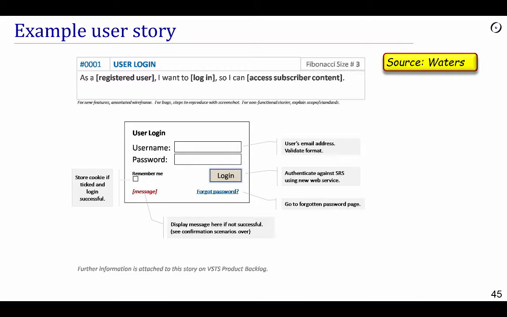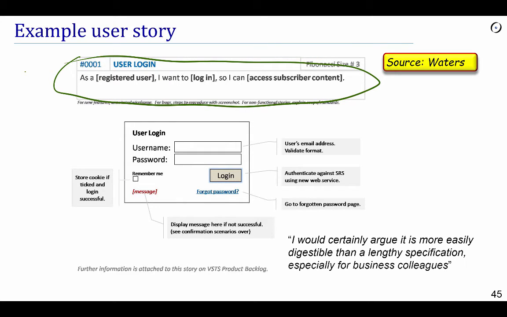Here's another example of user story that you can look at in more detail from an article by Waters. As a registered user, I want to log in so that I can access subscriber content. And he writes, I would certainly argue it's more easily digestible. This kind of requirements is more easily digestible than a lengthy specification, especially for business colleagues.